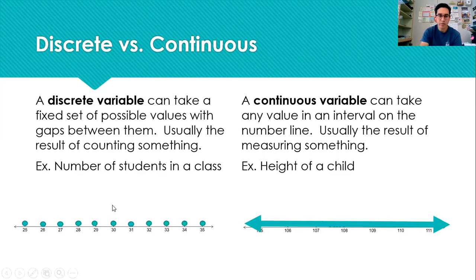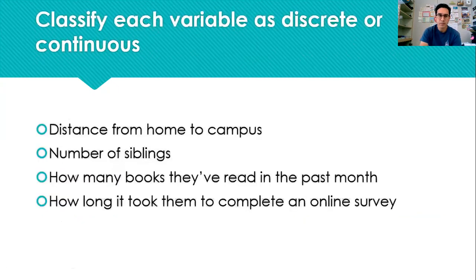Discrete is the result of counting, and there's going to be gaps between values. Continuous is measuring, and there's really an infinite number of values that you can get depending on the precision of your instrument. So here's a list of variables, and we're going to read through them and determine which are discrete, the result of counting, and which are continuous, the result of measuring.